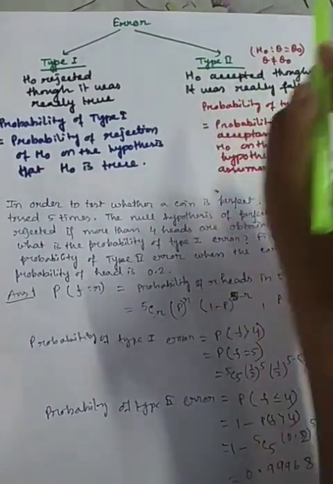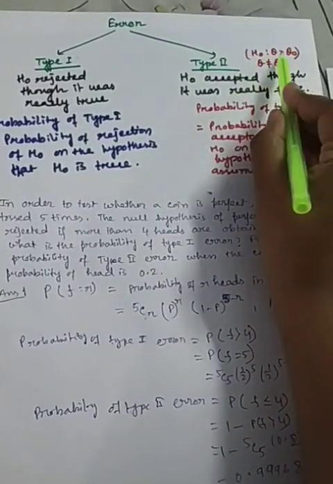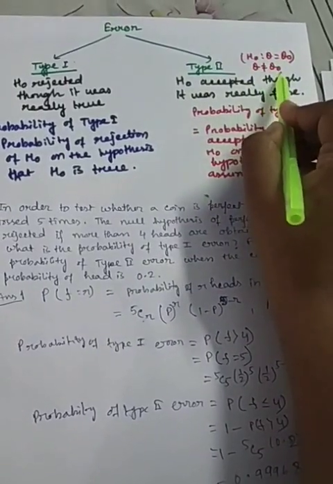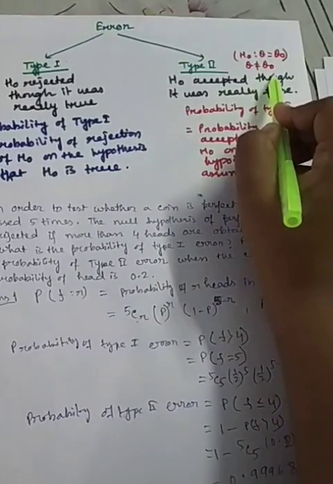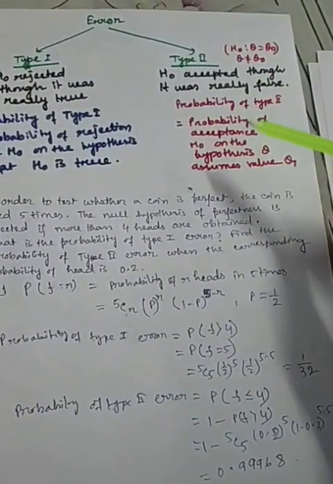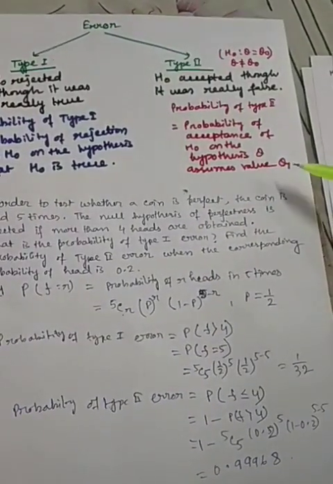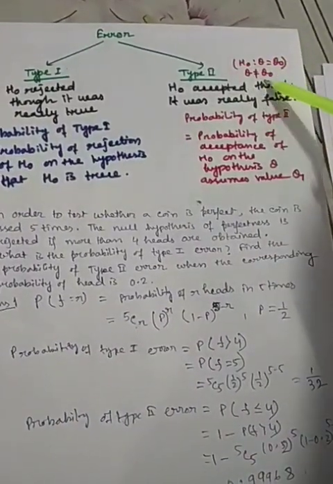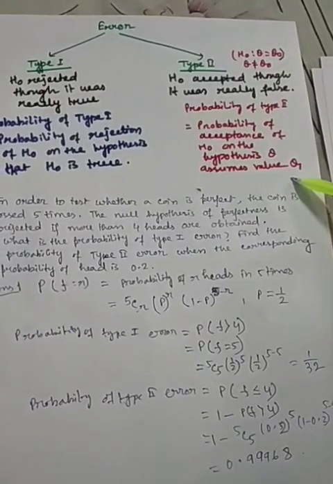Suppose we take the parameter as theta, so we accept H0 for theta equal to theta 0. But the actual value of theta is not equal to theta 0. May the actual value of theta be equal to theta 1. Then the probability of type 2 error will be the probability of acceptance of H0 on the hypothesis that theta is theta 1. We cannot check for theta not equal to theta 0. We have to check for theta equal to theta 1.